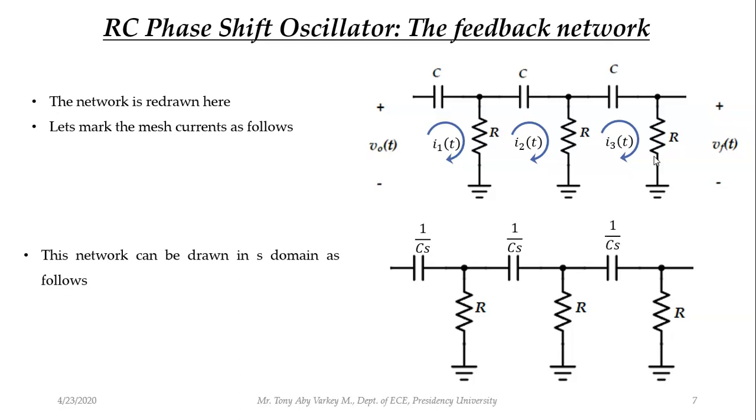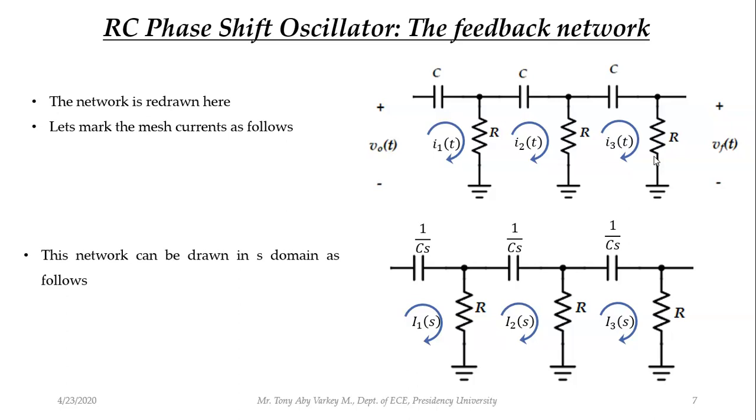Clear. Now, what is the equivalent of I1 of t? It will become I1 of S. I'm using capital letters for transform domain and small letters in the time domain. So small letter I1 of t will become capital letter I1 of S. I2 of t will become I2 of S, and I3 of t will become I3 of S. Please note these are just variables that we are using.